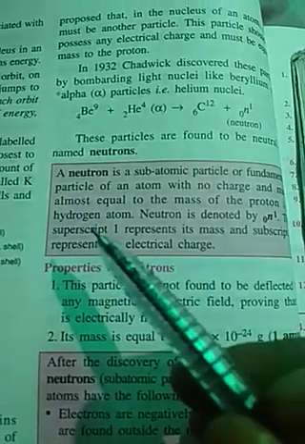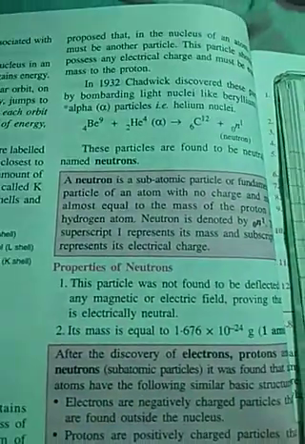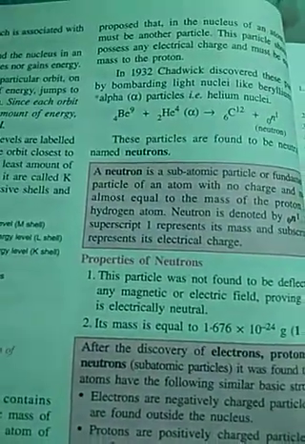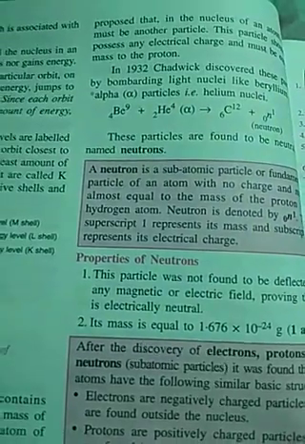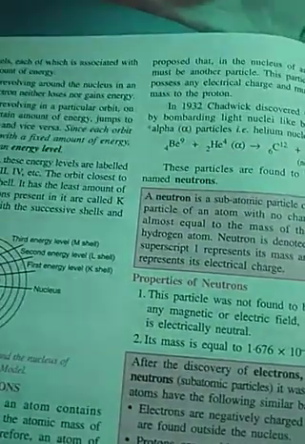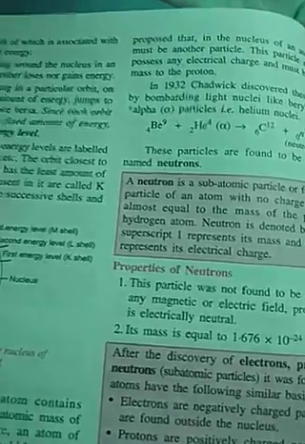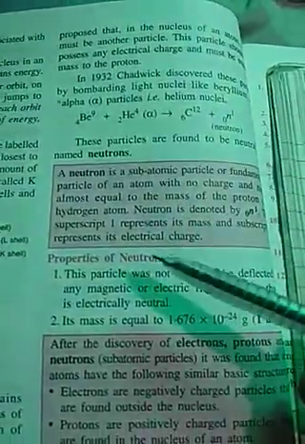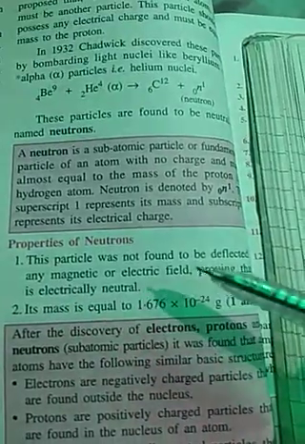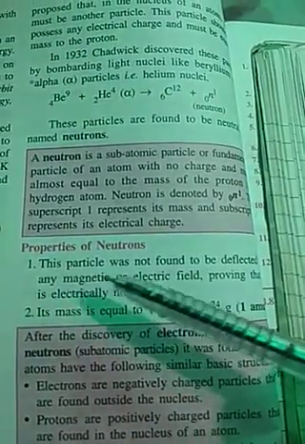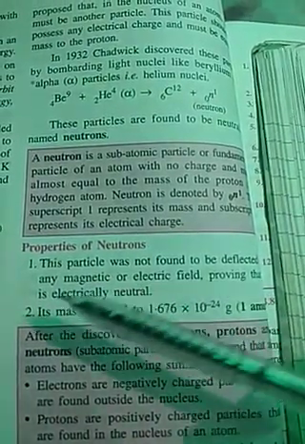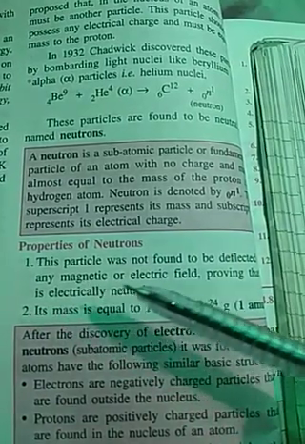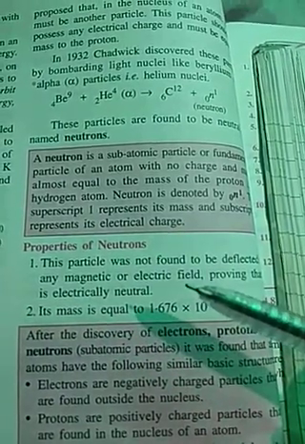And we had seen, I had told you today itself, the mass of a proton is almost equal to the mass of a hydrogen atom. What were the properties of neutron? The particle was not found to be deflected by either magnetic or electrical field.